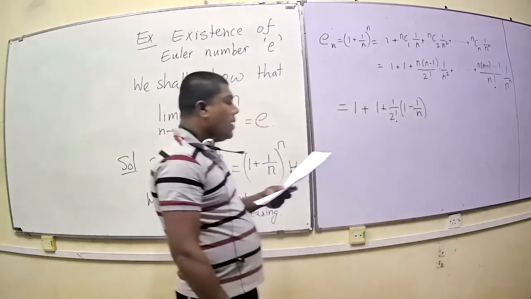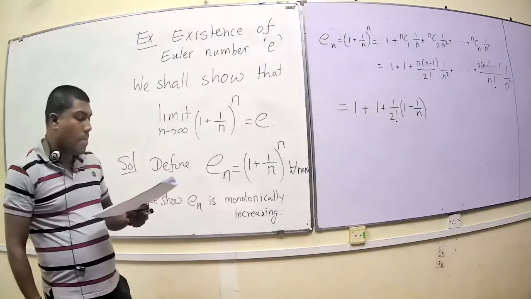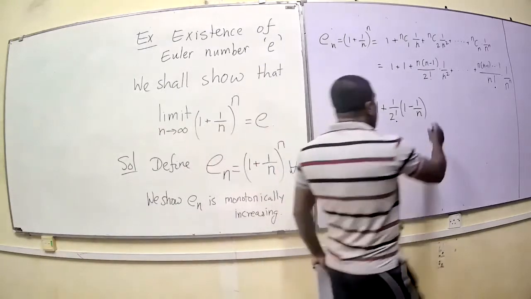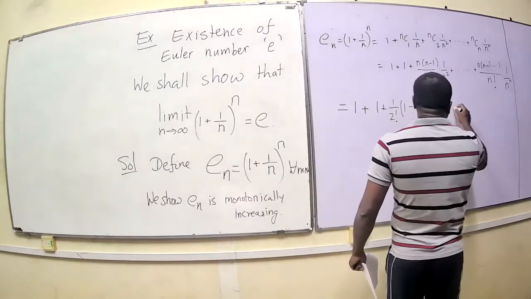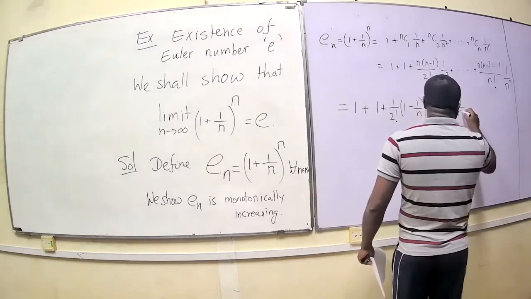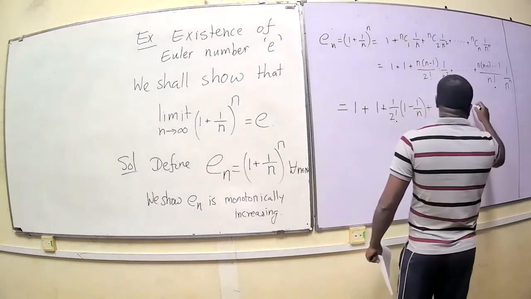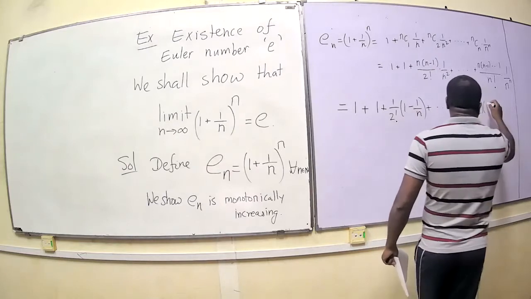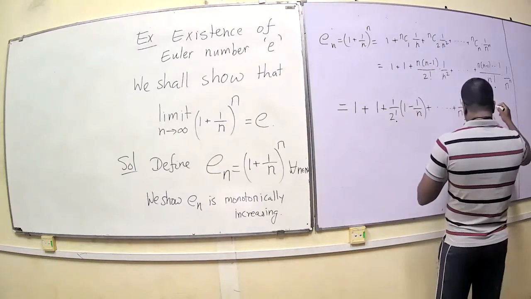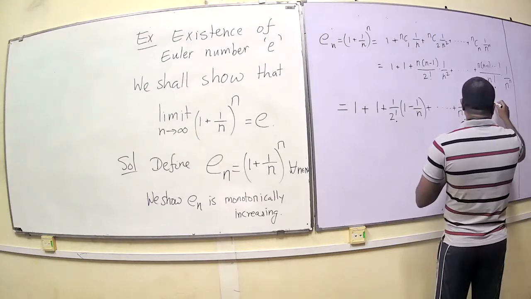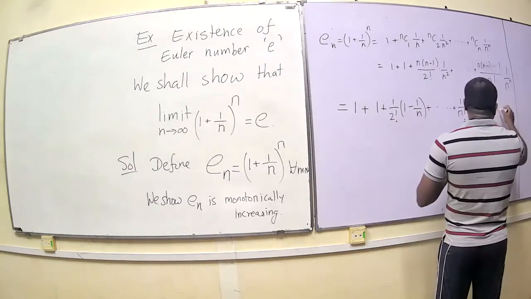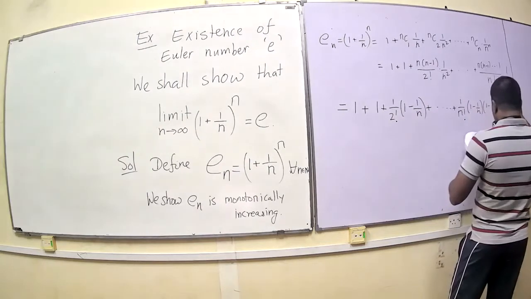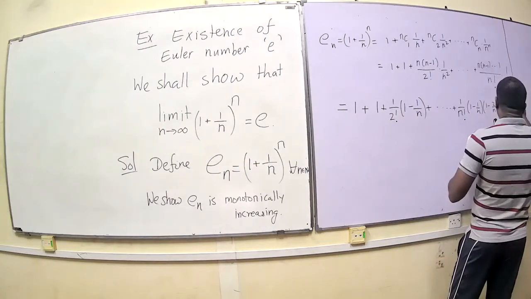So you get 1 minus 1 upon n. And then all the way up to 1 upon n factorial into 1 minus 1 upon n and 1 minus 2 upon n, so up to 1 minus (n minus 1) upon n.